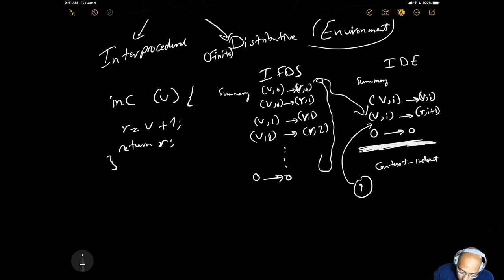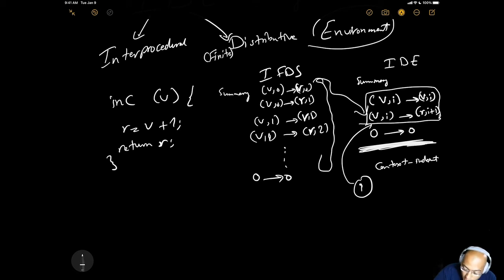If you recall from our time with the monotone framework a long time ago, and also with IFDS, we annotated the edges with functions. So what would be the function that I would use here to represent these facts in IDE?